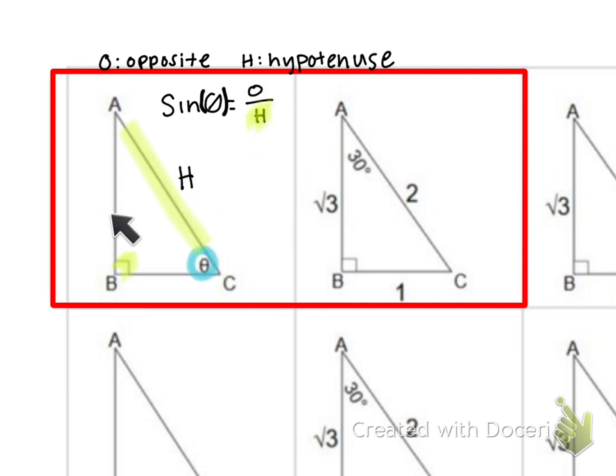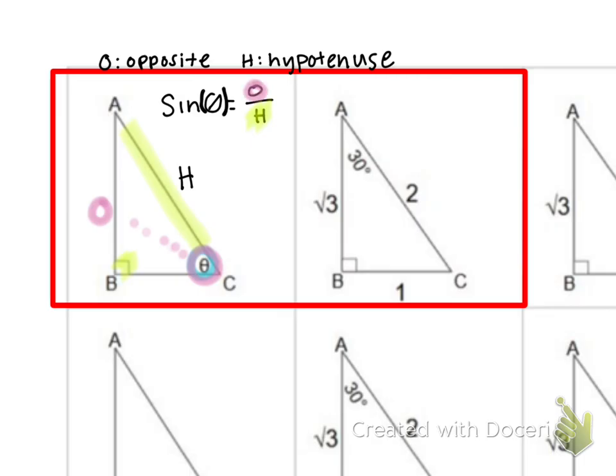So the O is going to go either on this side right here or this side. Looking at each of these, this one right here is next to the angle, and this side right here is in front of it. The way that I like to mark it is to go like this and look at what's in front of it. This side right here is where you're going to place your O.